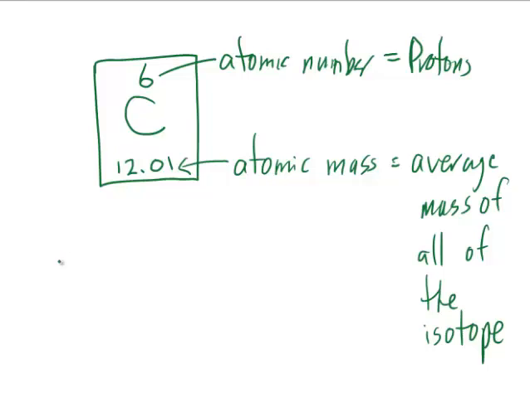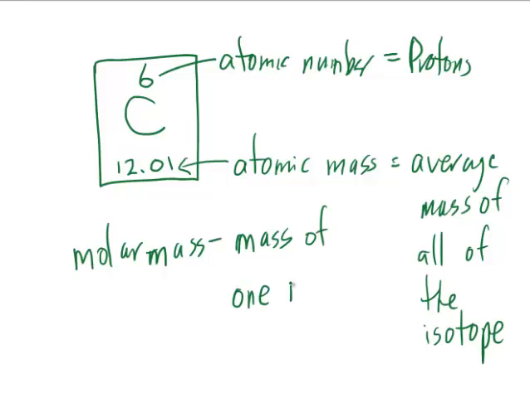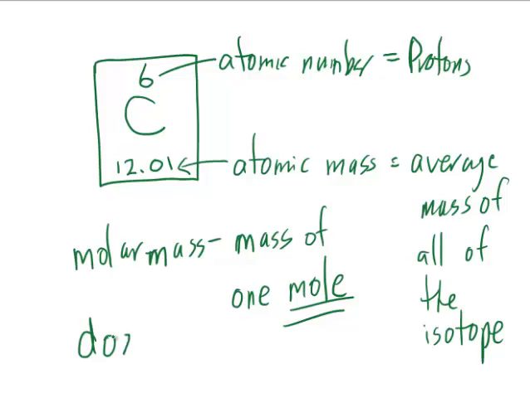Now, you have to know what the word molar mass refers to. Molar mass refers to the mass of 1 mole of a substance. Now, a mole is just a counting number. Think of a dozen being equal to 12. Instead of saying 12, you can say a dozen.